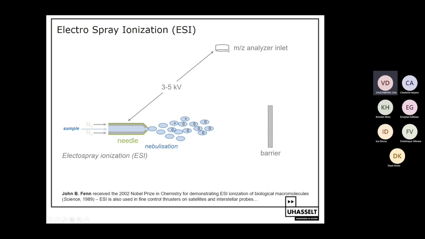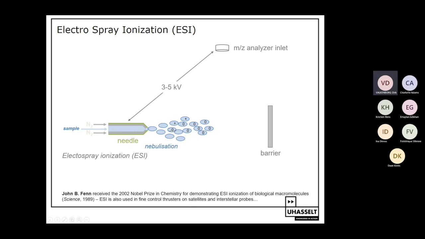So the reason is we have this high potential field, this electric field, between needle and inlet, and we have sprayed these small droplets with our analytes into the atmosphere. And what happens is that there is also this formic acid still present, right? So acid is a donor of protons.